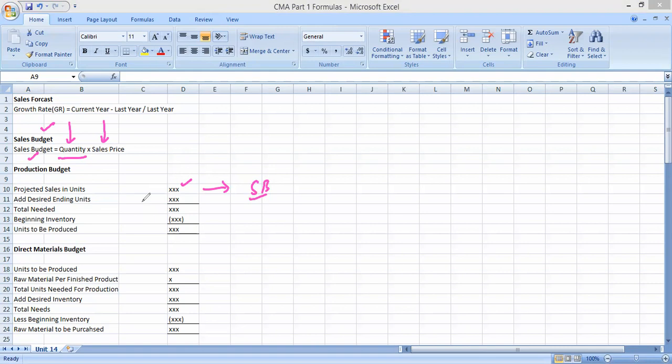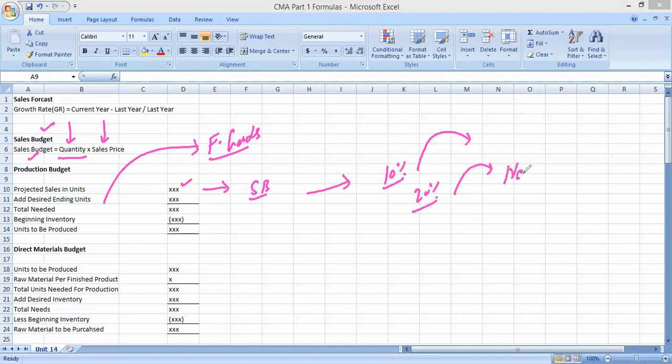Desired ending units. This one we are discussing for finished goods. For desired ending units, the company will usually have a policy on how much they want to retain. Sometimes they retain 10% of next month's sales, sometimes 20% of next month's sales. So it's all about company policy.